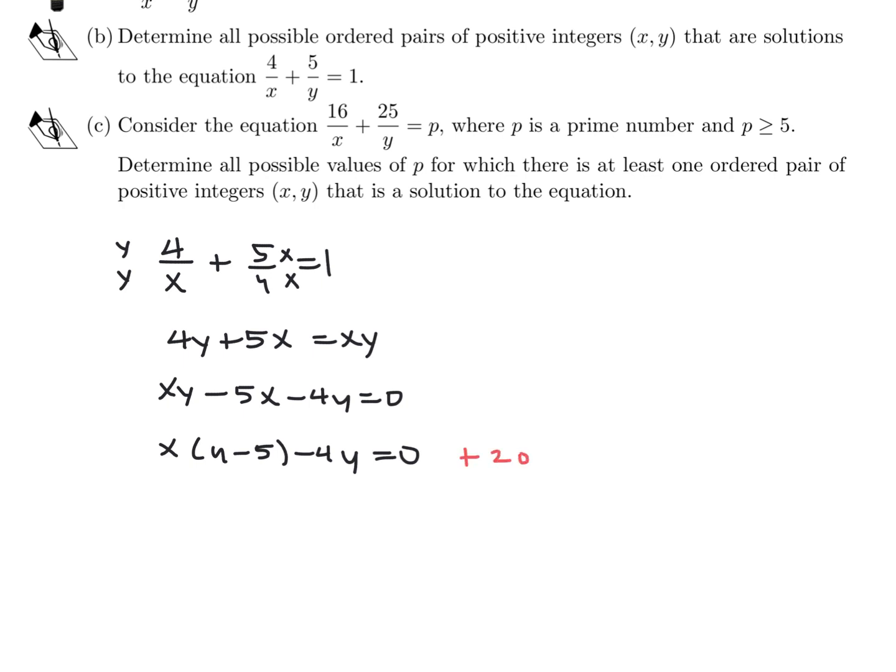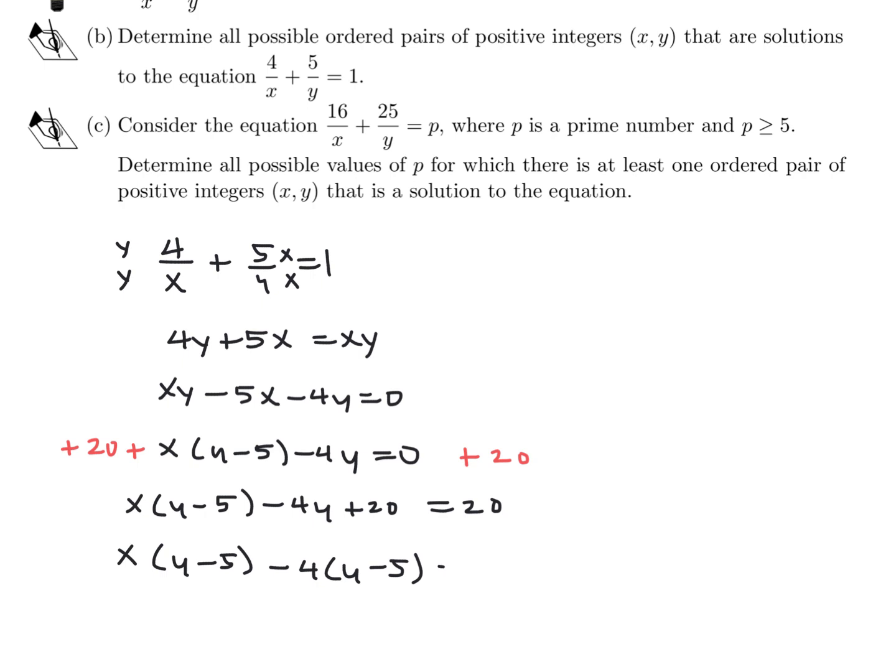When you do that, let's rearrange this a little bit. So x times y minus 5, minus 4y plus 20, and this side just becomes 20. Now you can factor this: minus 4 times y minus 5. And then finally you can factor the y minus 5, and you get y minus 5 times x minus 4.